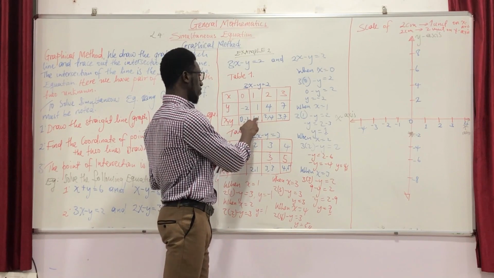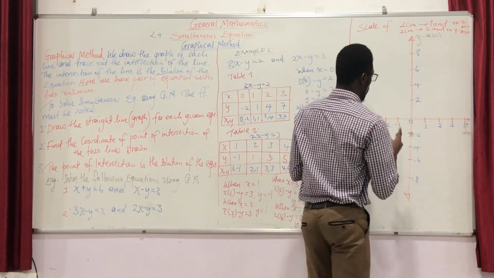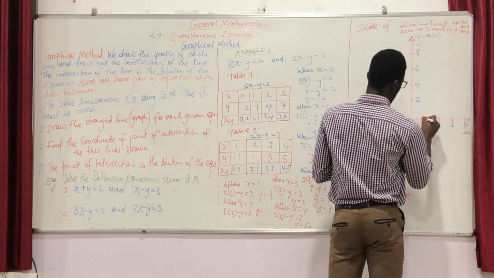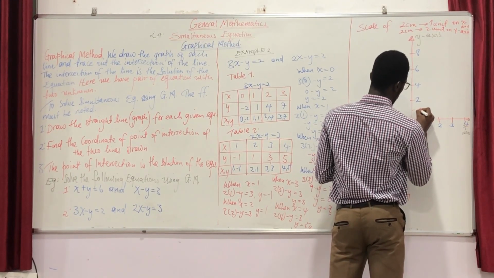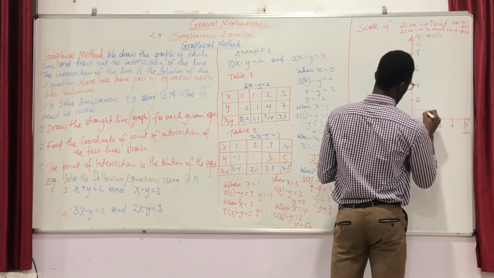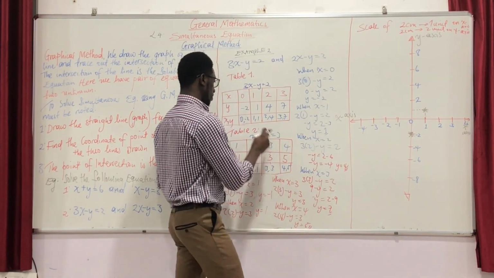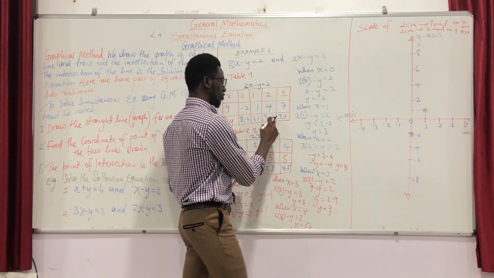When x is 1, y is 1. This 1 is between here and here. When x is 2, y is 4.